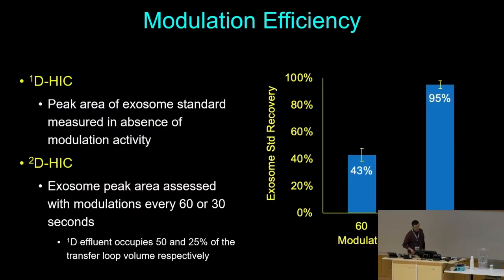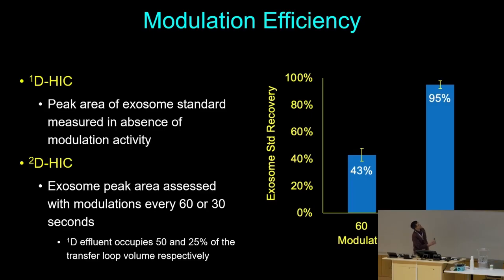And so to evaluate modulation efficiency, we ran HIC in the first dimension, looked at peak areas of an exosome standard, and measured them in the absence of any modulation. We just wanted to see if all the mass was being transferred over to the second dimension. And then we ran HIC in the 2D, looked at exosome peak area, compared that relative to those in the 1D without any modulation.